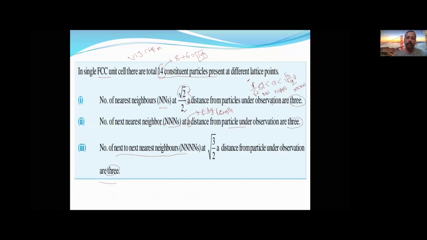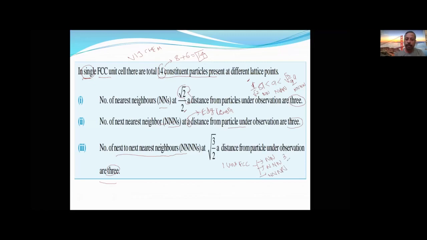This is one unit cell. I am taking a single FCC. Whatever I have explained is about the coordination number in the crystal lattice, in a single FCC. In one unit FCC, I am writing it clearly here: number of nearest neighbors, number of next nearest neighbors, next to next nearest neighbors.